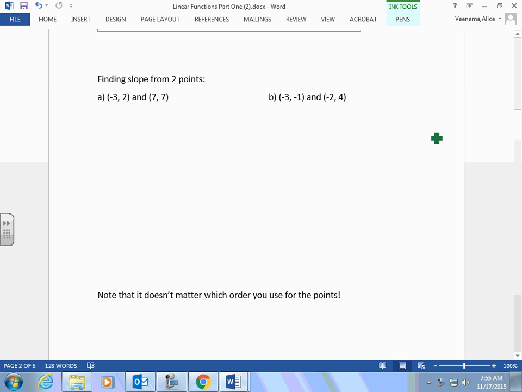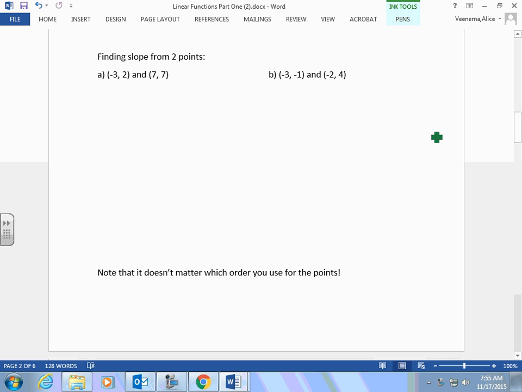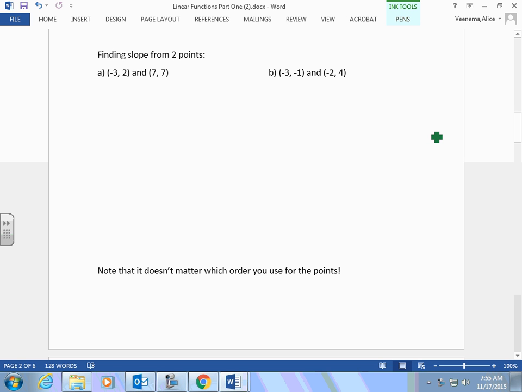We can also use the formula to find slope from 2 points, and we'll use the m equals y2 minus y1, so that means the second y coordinate minus the first y coordinate over x2 minus x1.